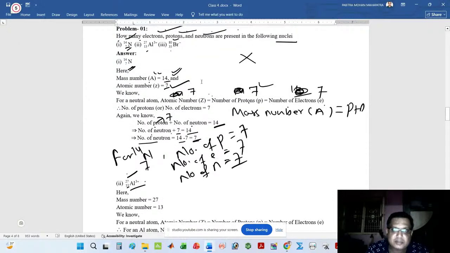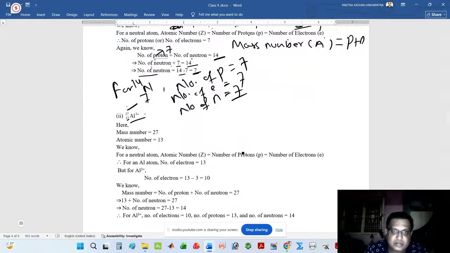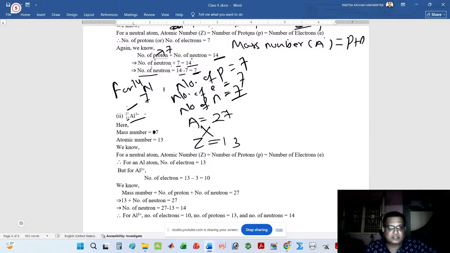Again I want to see the representation X with Z and A. Here atomic number Z is 13, and A is 27, so the mass number is 27. Our target is to find out the number of electrons, number of protons, and number of neutrons.